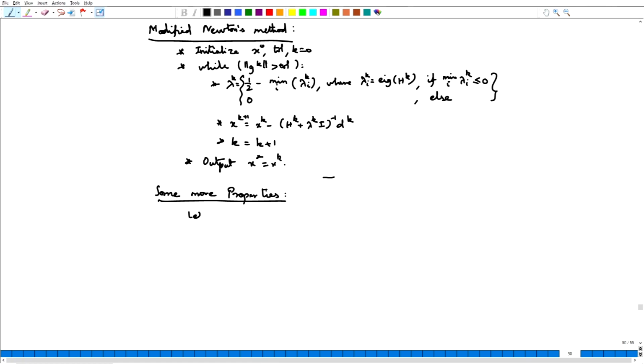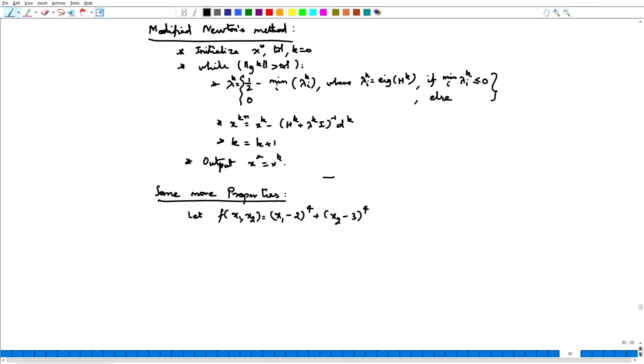Let f of x 1 x 2 be x 1 minus 2 the whole power 4 plus x 2 minus 3 the whole power 4. Just by looking at this you would tell me that the minimum of f occurs at 2 comma 3.